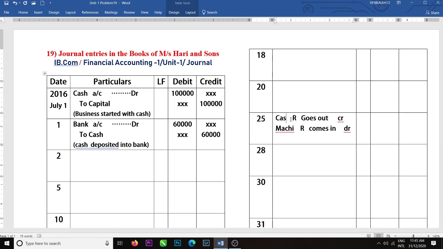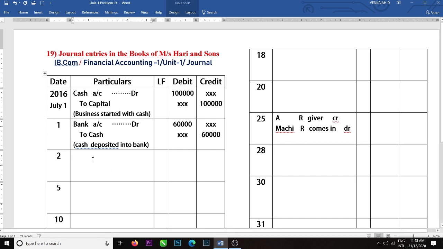Mr. A. We are getting machinery, a real account, and according to the real account, what comes in will be debit. A is a giver. We are getting machinery from A, so the giver is credited.